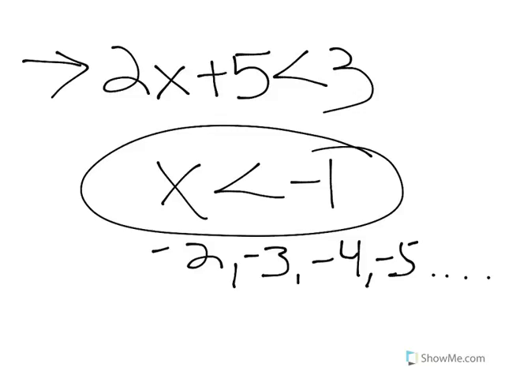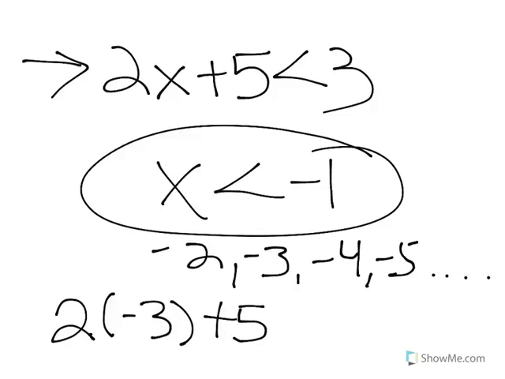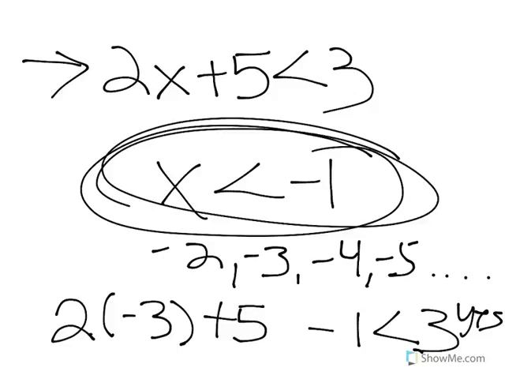Let's just choose one of those values. -3. 2 times -3 plus 5. 2 times -3 is -6, plus 5 gives me -1. Is -1 less than 3? Yes, it is. That's true. So our solution, that any value less than -1 will make this inequality true, works.